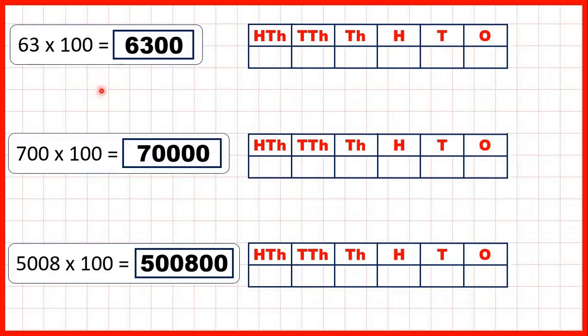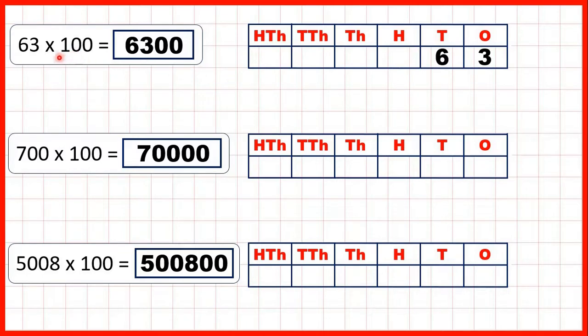But to see why it works, let's think back to this first question. We had 63 and we needed to multiply by 100. But remember, multiplying by 100 is the same as multiplying by 10 and then by 10 again. And we know that when we multiply by 10, digits move one place to the left.